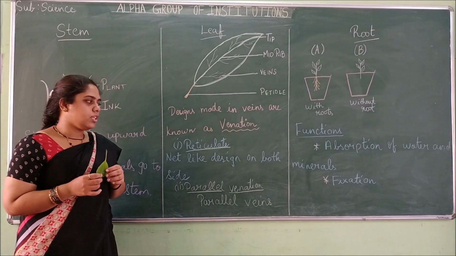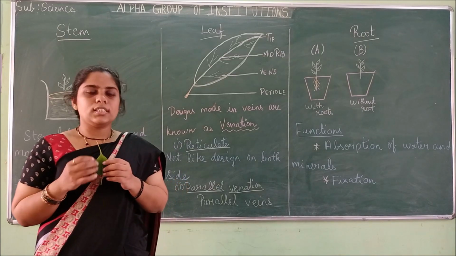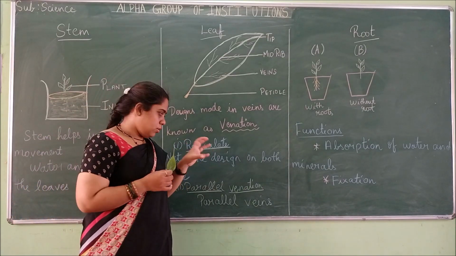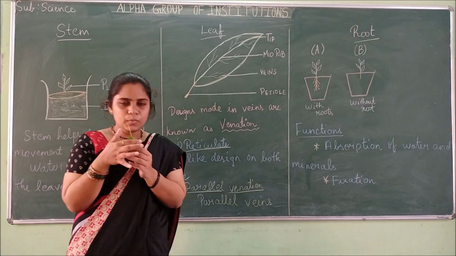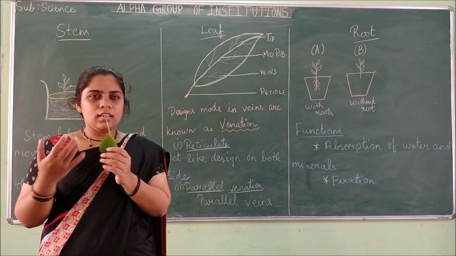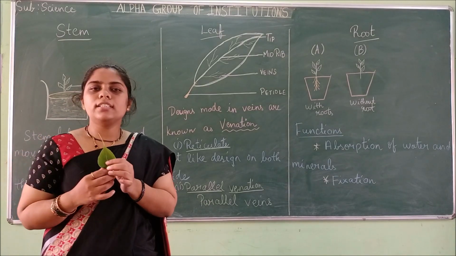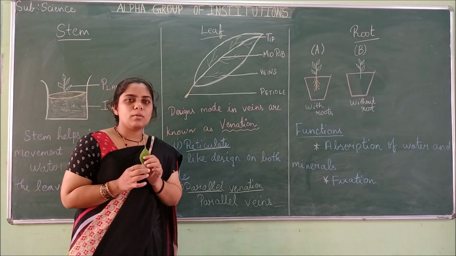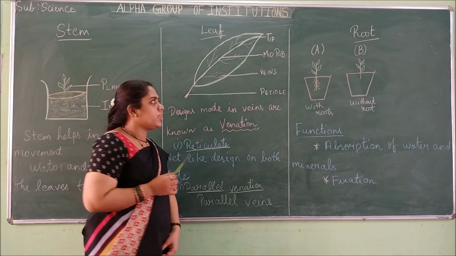Reticulate venation means net-like designs on both the sides. If the lines are parallel on both the sides, then it is called parallel venation. The veins will be parallel to each other.